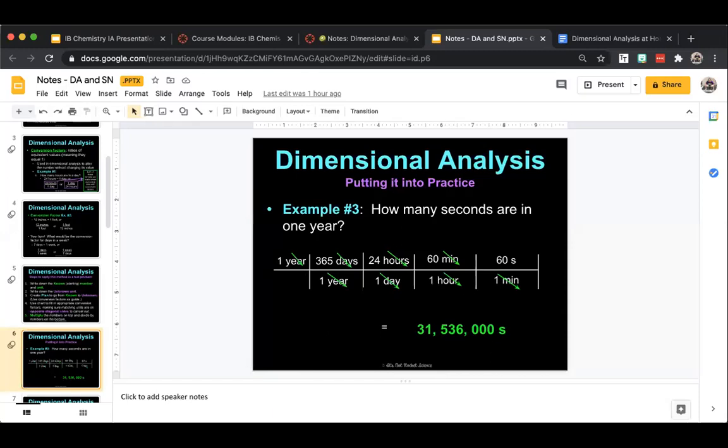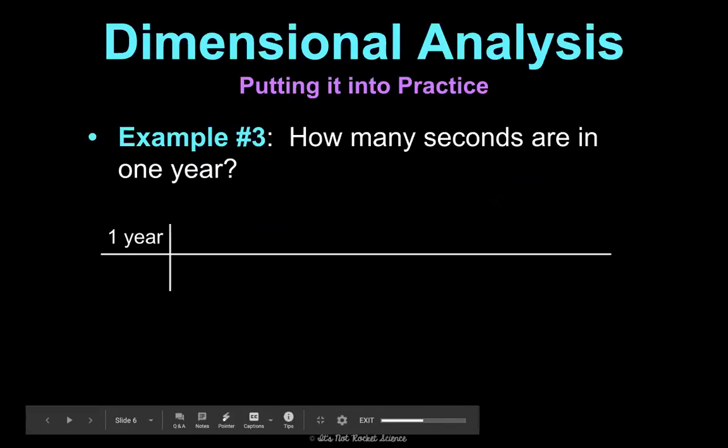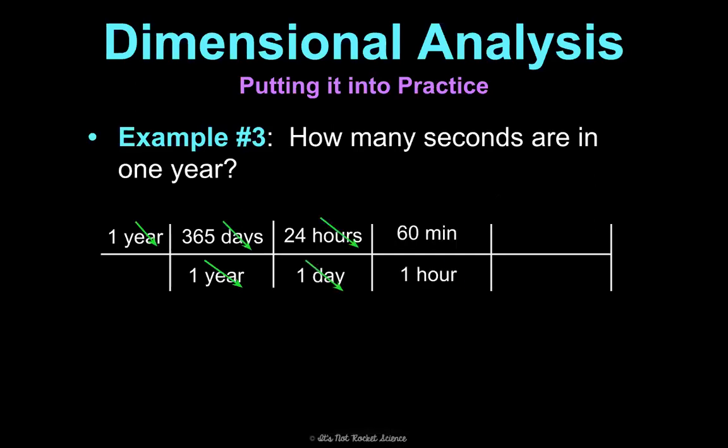All my units cancel except for seconds, which is what we wanted to solve for, our unknown. And then here is my correct answer. Okay, so go back to presentation mode. Go through all these steps because they're walking us through the steps that we went through.